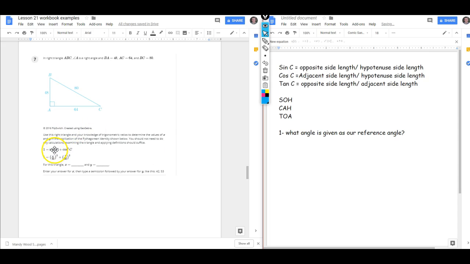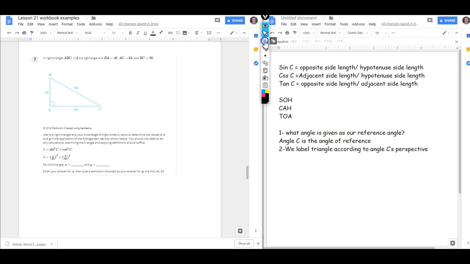So in the Pythagorean identity right here, it says sine squared of C. So that means that angle C is the angle of reference. So now we label the triangle according to angle C's perspective.